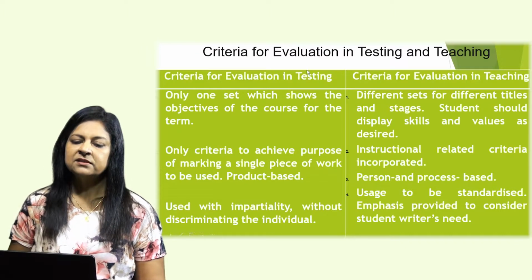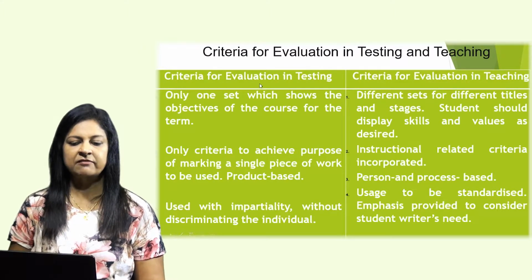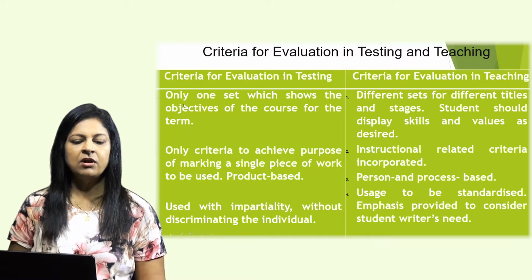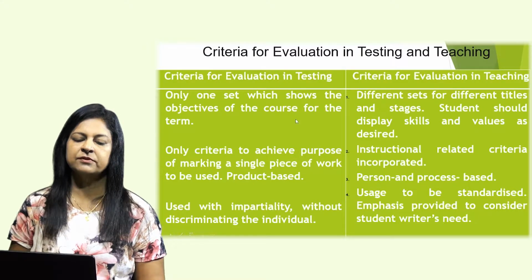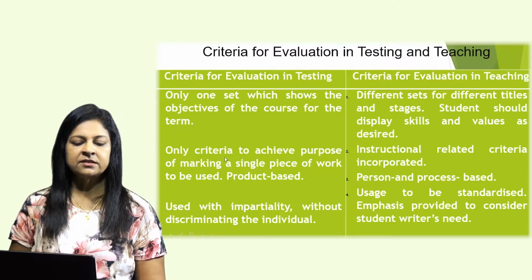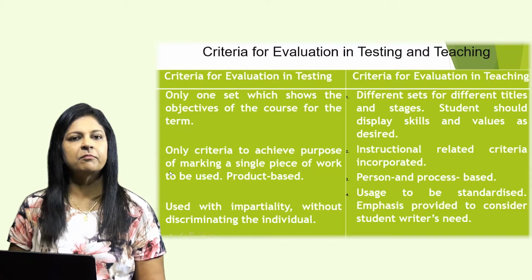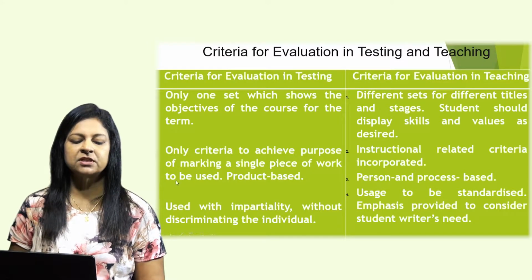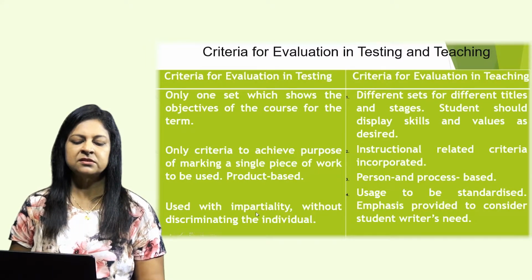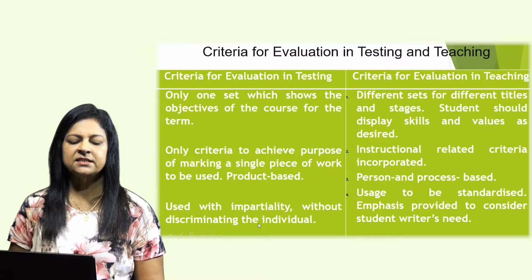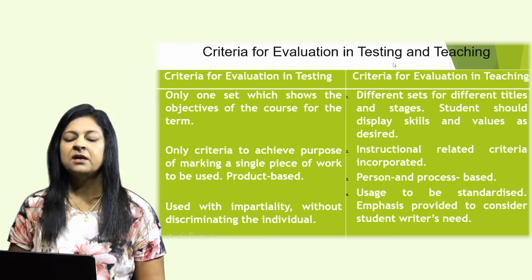Criteria for evaluation in testing and teaching. Criteria for evaluation in testing: only one set which shows the objectives of the course for the term. Only criteria to achieve the purpose of marking a single piece of work are used, product-based, used with impartiality without discriminating against individuals.